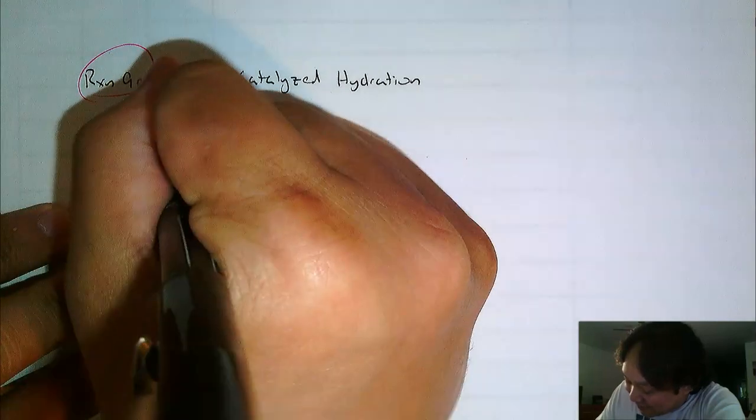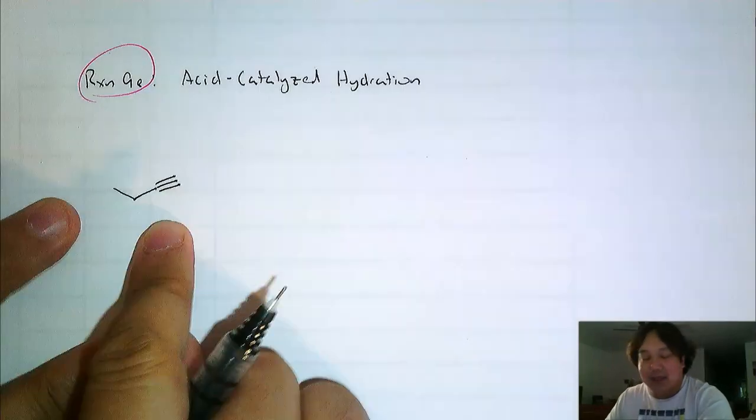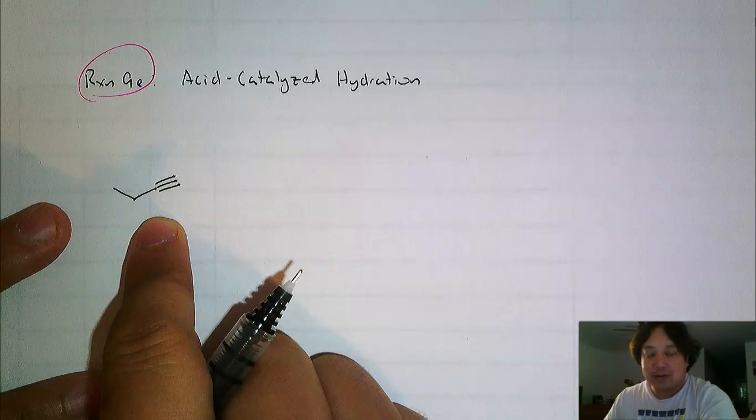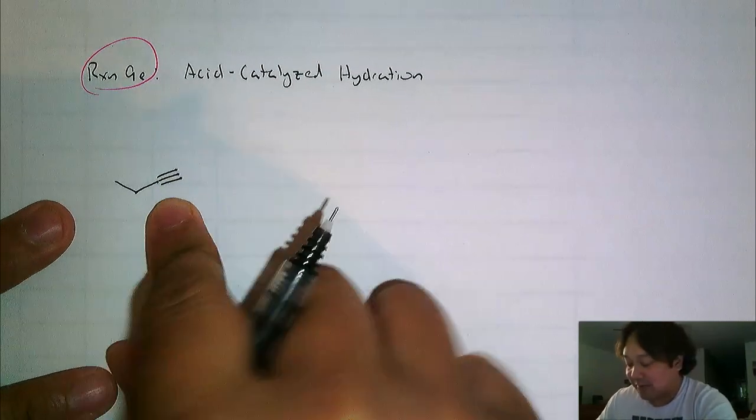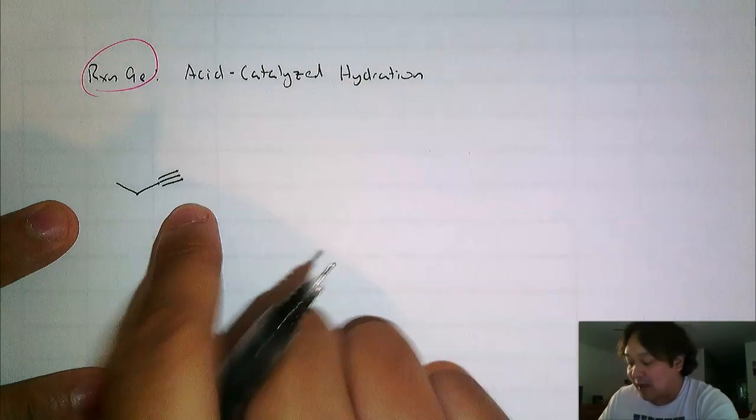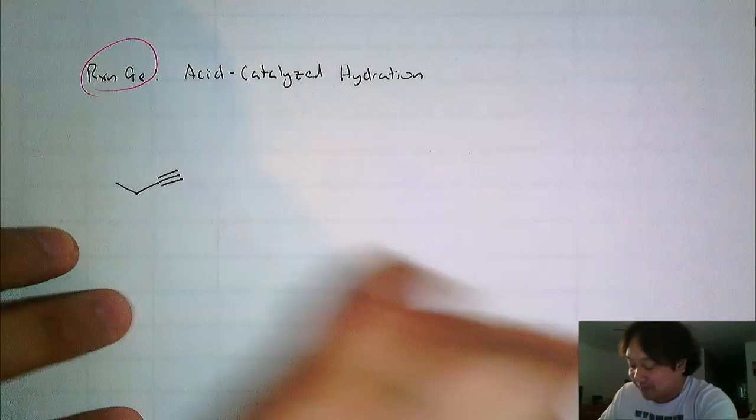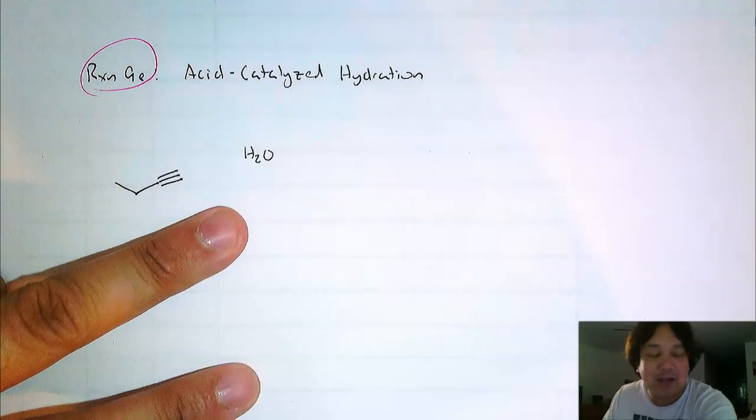We need an alkyne. And I am making it terminal, and it's not symmetrical. Okay, we can't apply Markovnikov's rule here. The reagents are similar, like I said, water. Do you remember what else was in hydration of an alkene? H2SO4.